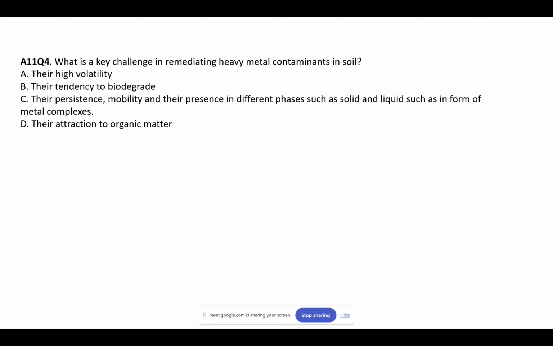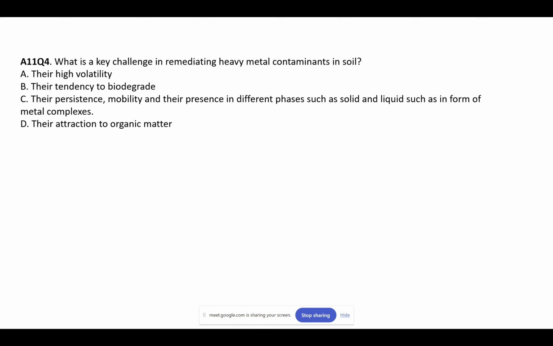So the last option C, that their persistence, mobility, and their presence in different phases, such as solid, liquid, such as in the form of metal complexes, this statement is correct. When any aquifer gets contaminated with these metals, these metals can dissolve and be in equilibrium with the dissolved phase, and also they can get soaked into the soil particles, and in the dissolved form they can form various complexes with different ligands present in the water.